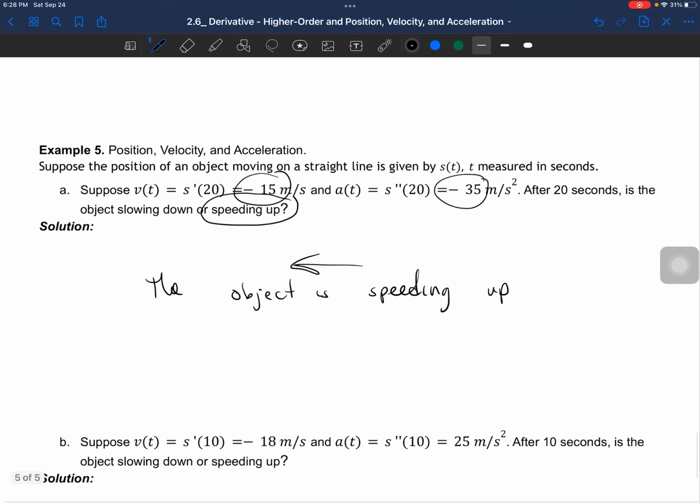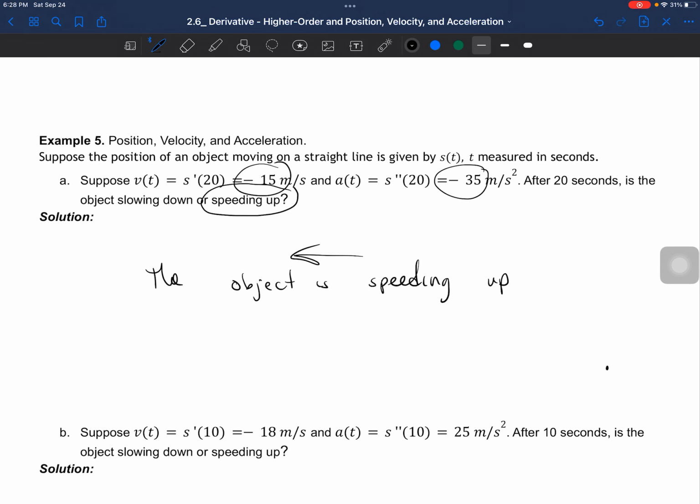And then if you want to think about it another way, if you have an object that is thrown up, right? If you throw it up, when the rock is going up, it has a positive velocity, but it has a negative acceleration. Why?